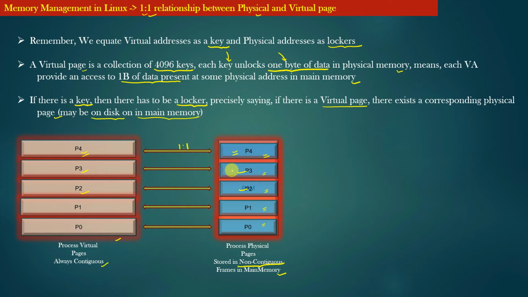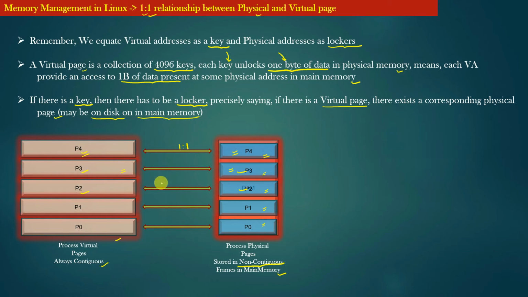And it makes sense because you need actual physical memory to store data. Virtual pages are only a collection of virtual addresses and they do not store any data. Corresponding to those virtual addresses, there exists a physical page, and on those physical pages you actually store data.